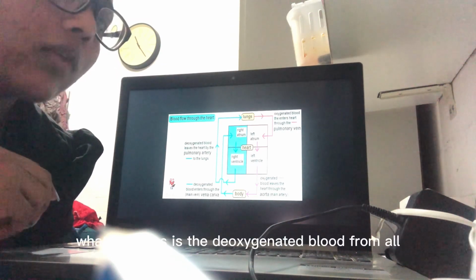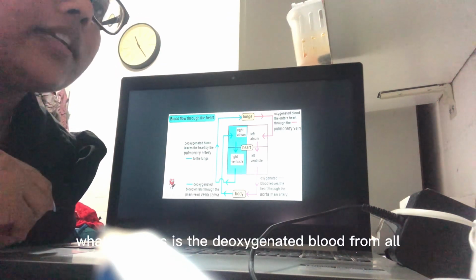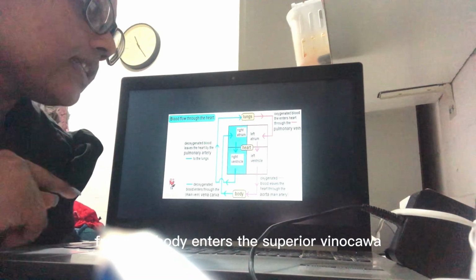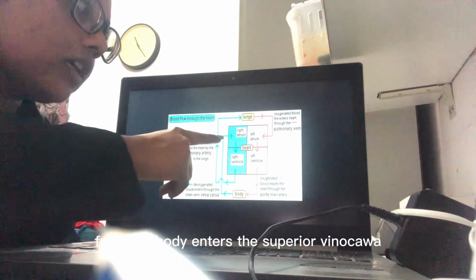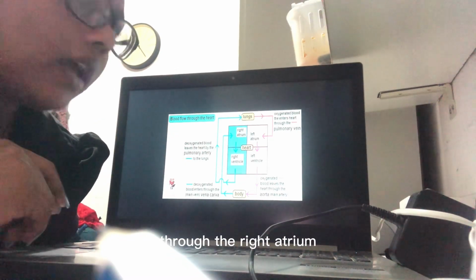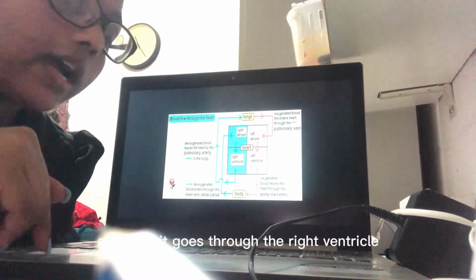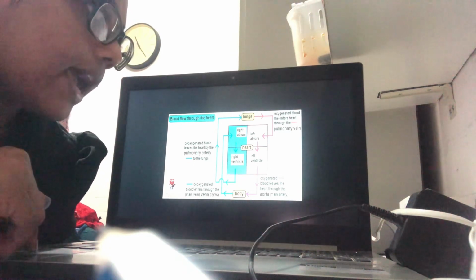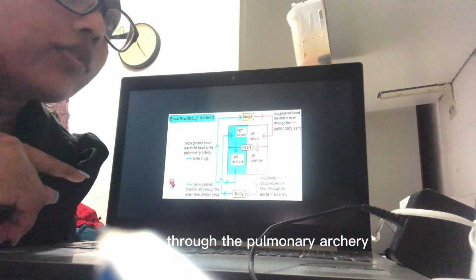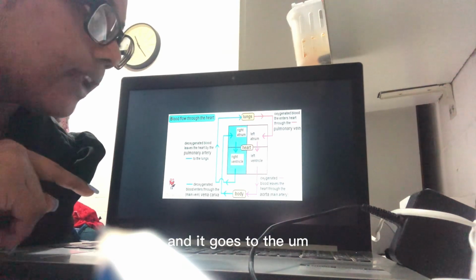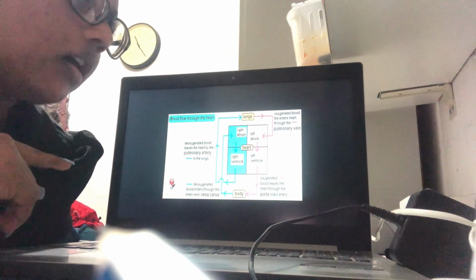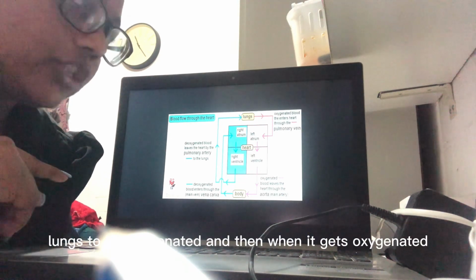Basically, the deoxygenated blood from the body enters the right atrium through the superior vena cava, and then it goes to the right ventricle through the tricuspid valve, and then it leaves through the pulmonary artery and goes to the lungs to be oxygenated.